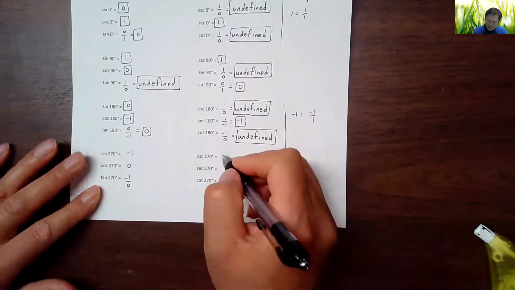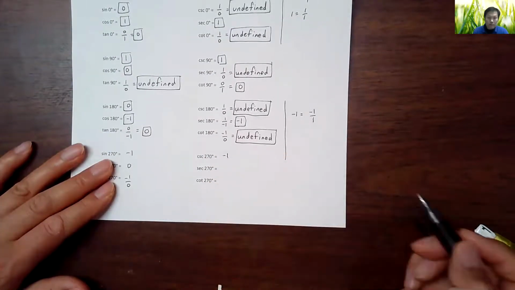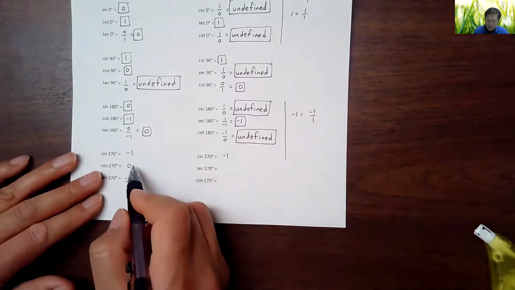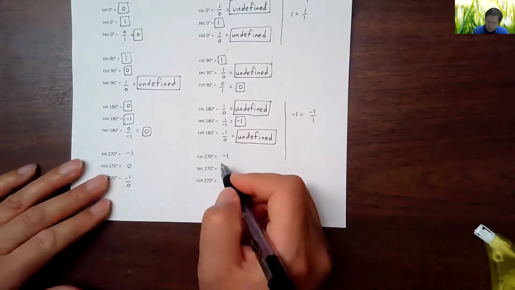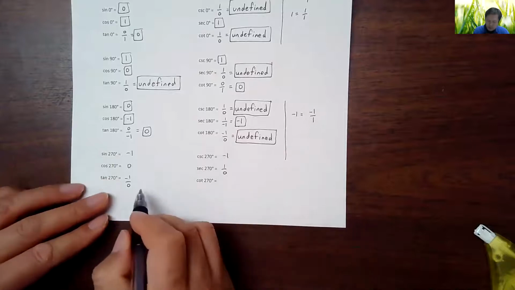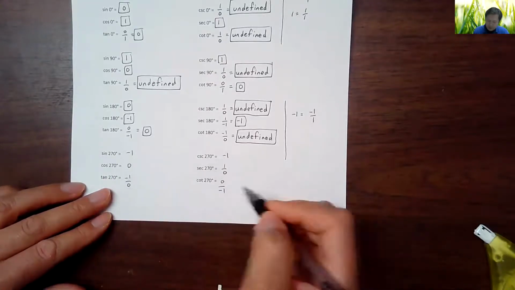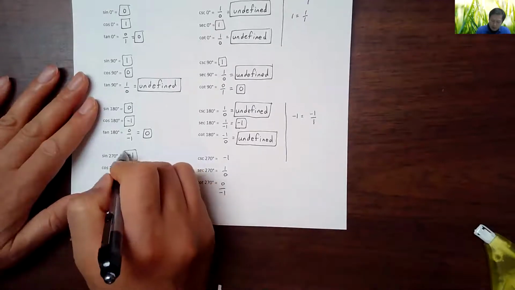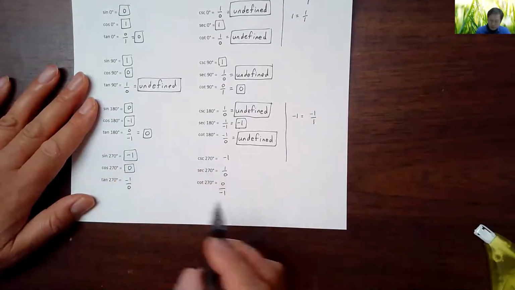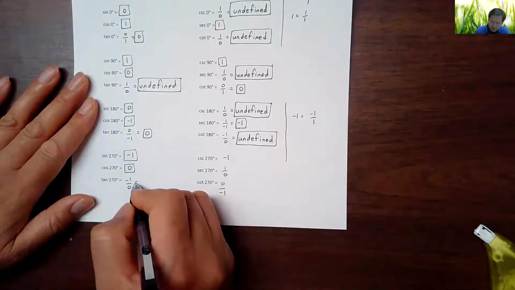Flip, flip, flip. So minus 1, flip it, minus 1. 0 is same as 0 over 1. Flip it, 1 over 0. Cotangent 270, flip this, 0 over minus 1. It's good. 0 is good. 0 on denominator, undefined.